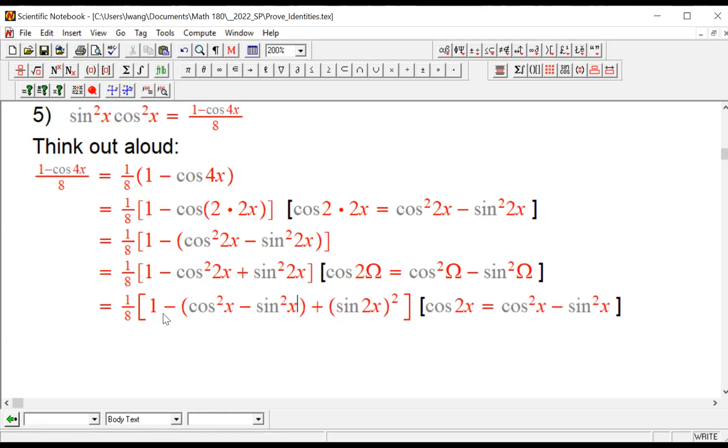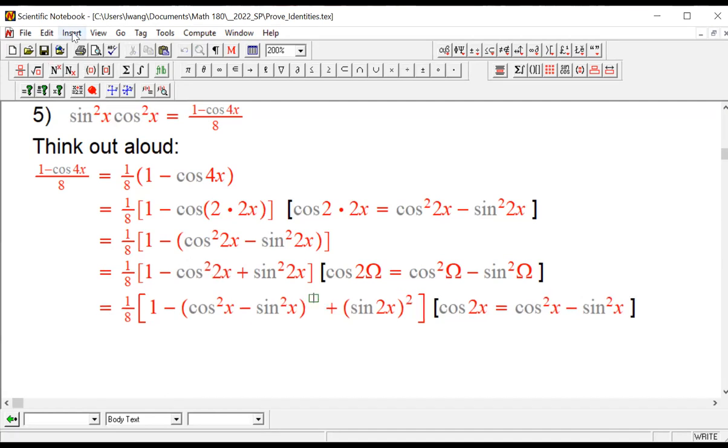You see, I still inserted that parentheses because this is subtracting that, right? And there's a square outside. Be careful, there's a square outside, because we just replace the cosine 2x by it, and there's a cosine square 2x, right? So there's a square outside.